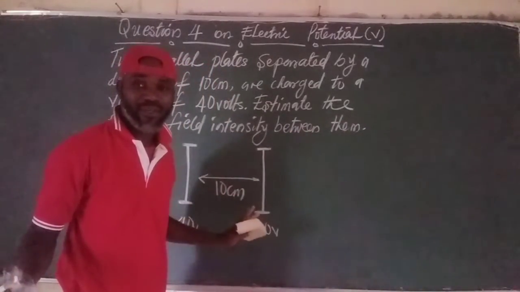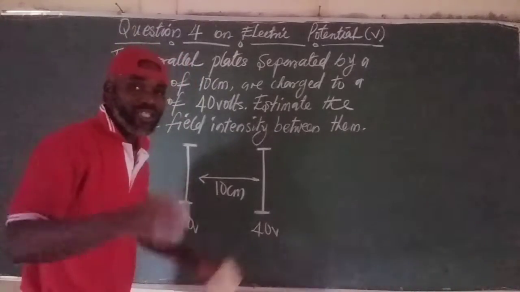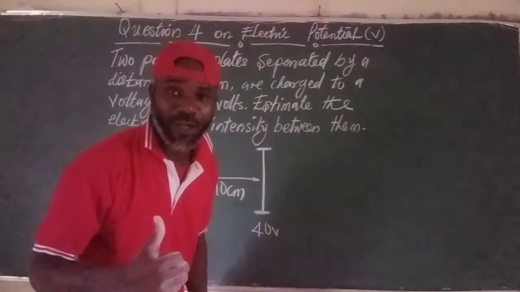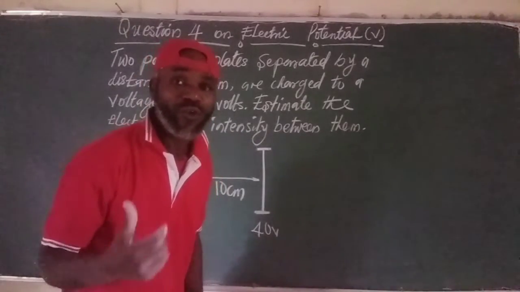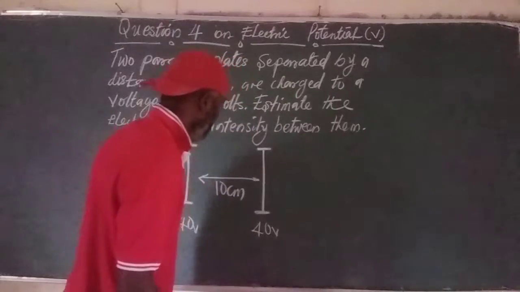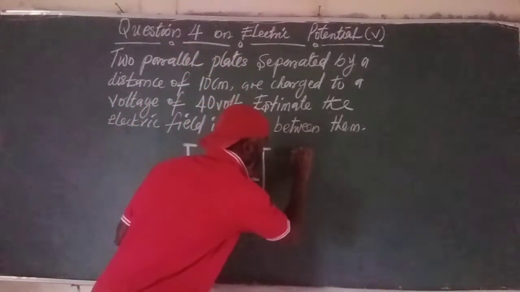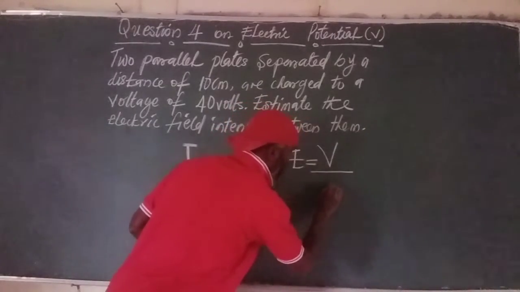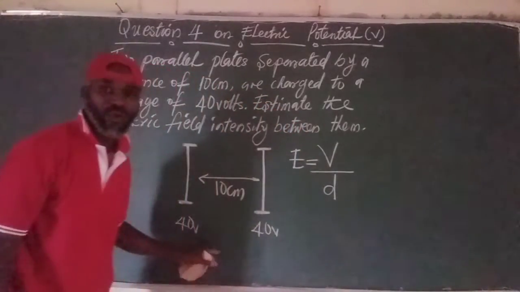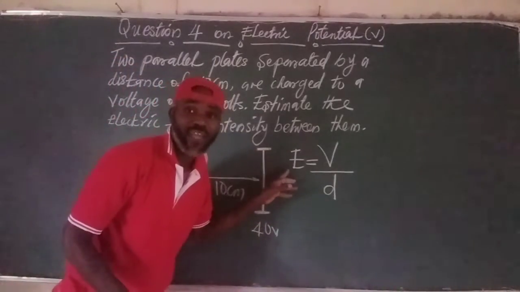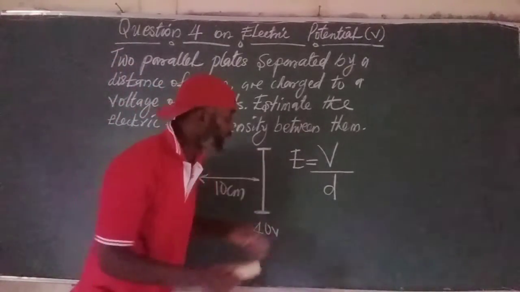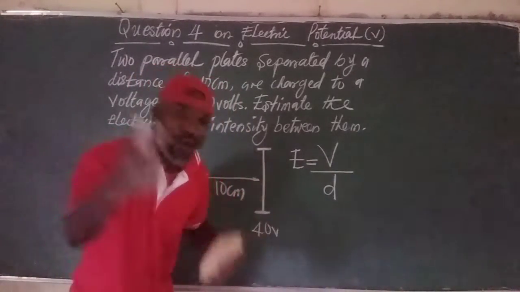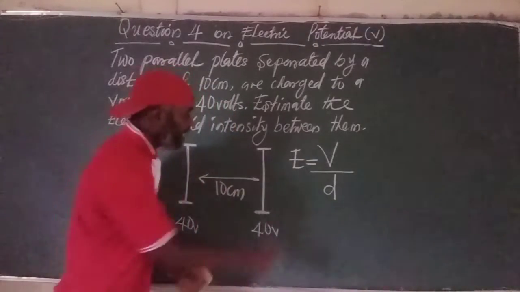Very simple. If you still remember what we learned in my previous video, you would have known by now that electric field intensity E is stated as V over D, where E represents the field intensity in question and V the potential difference, in other words, the voltage given to them, and D the distance.